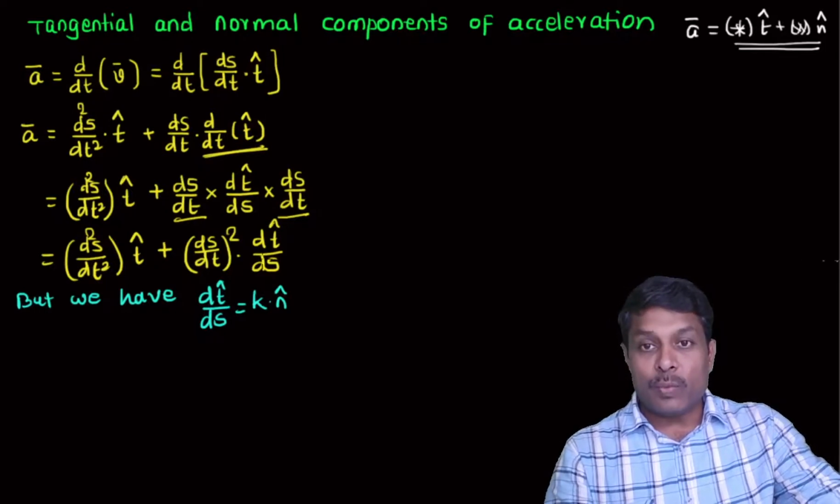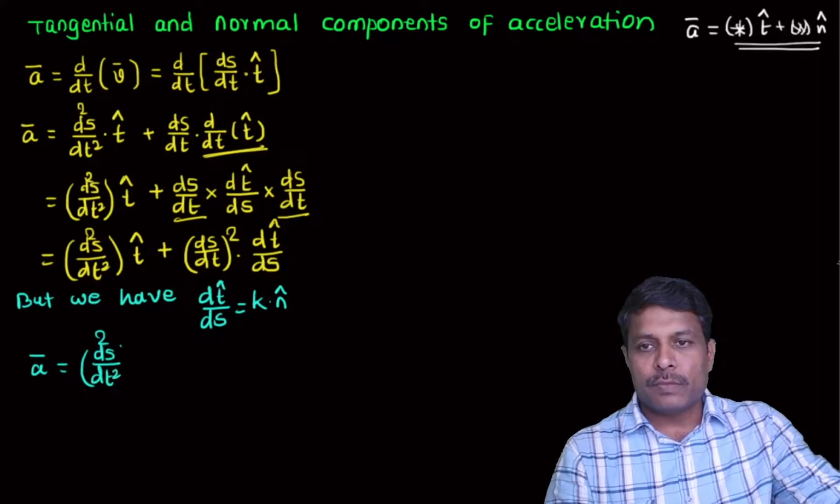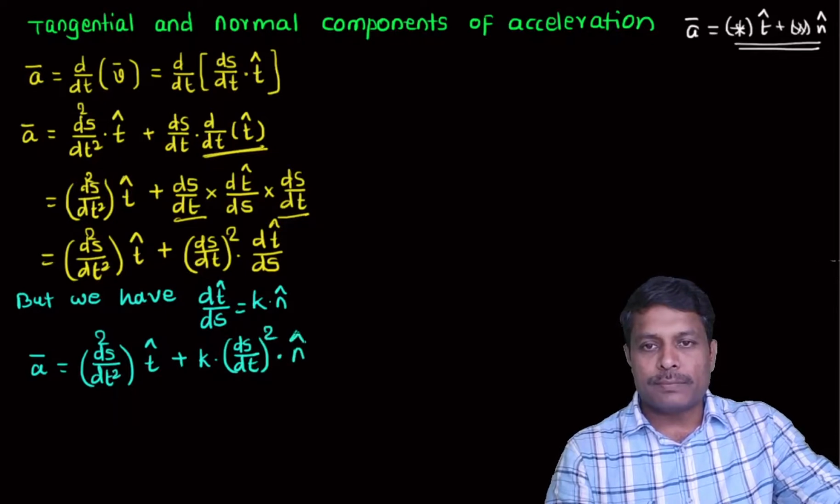Putting this value here, a bar is equal to d2s by dt square t cap plus k into ds by dt whole square into n cap.